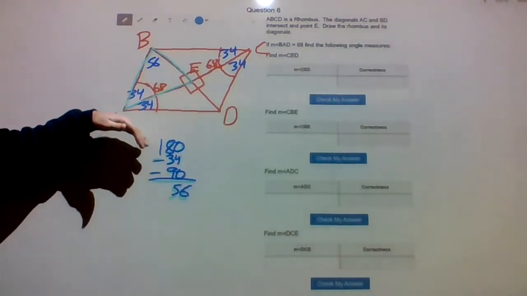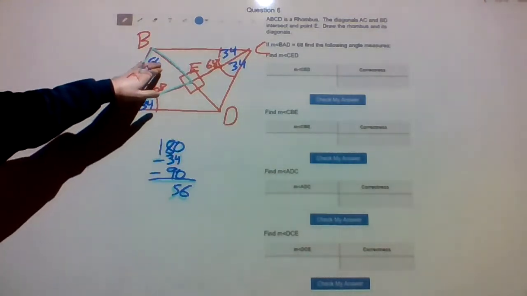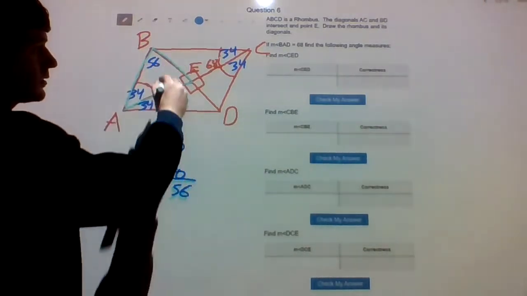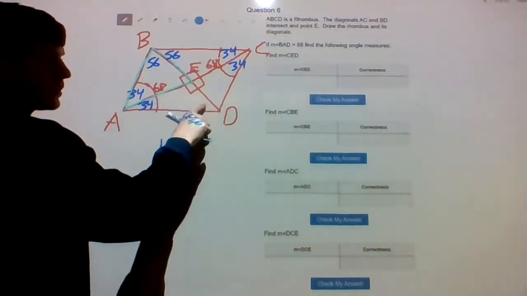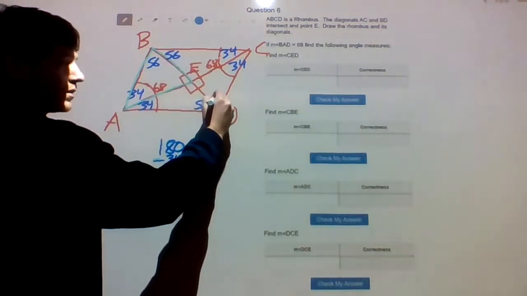And since diagonals bisect opposite angles, if this is 56, this piece here in our rhombus is also 56, and these two down here are 56 and 56.